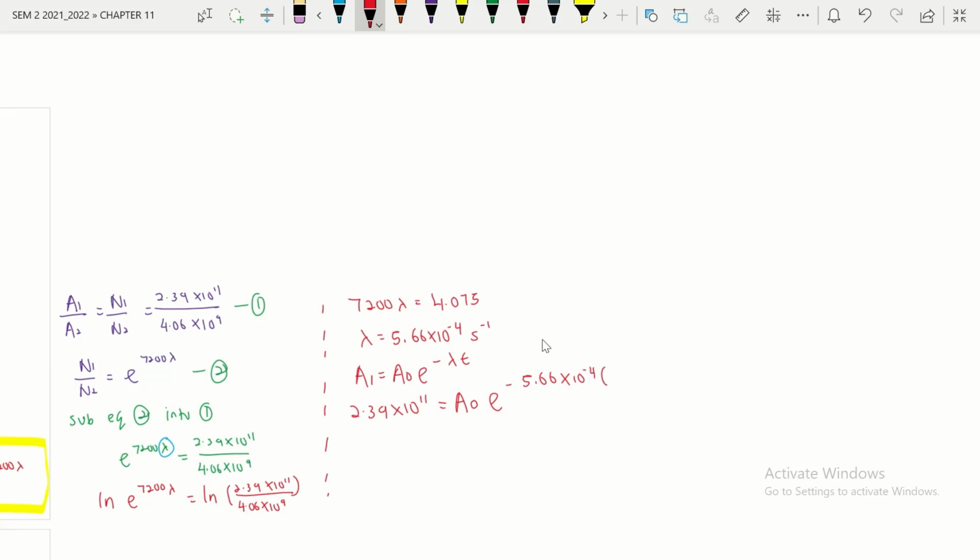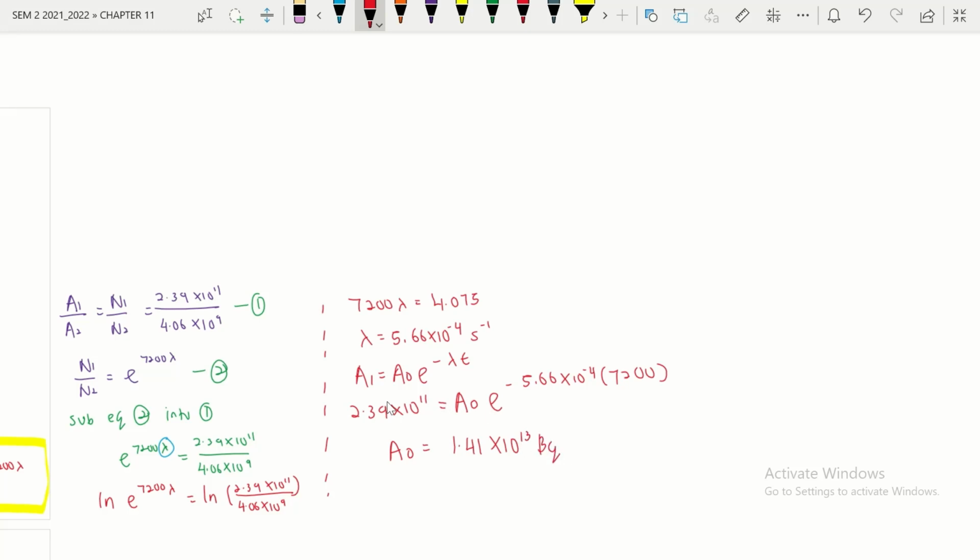And for the activity at 14 hours, the time taken is 7,200 seconds. So from here you can find your initial activity, and you will get your final answer, 1.41 times 10 to the power of 13 becquerel.